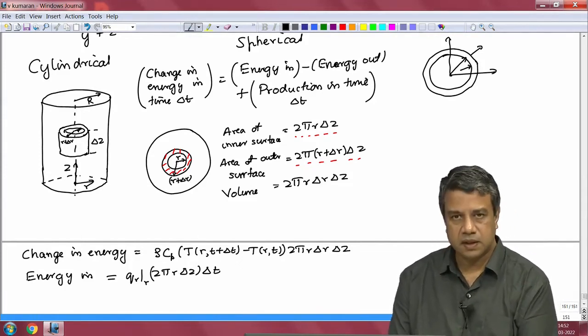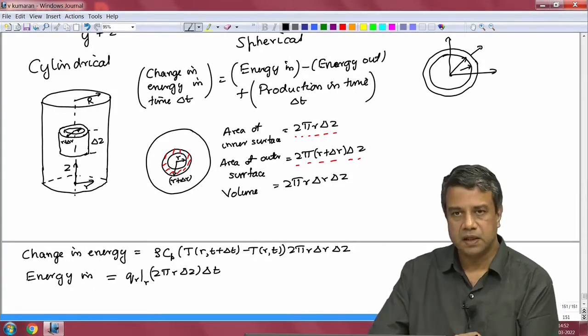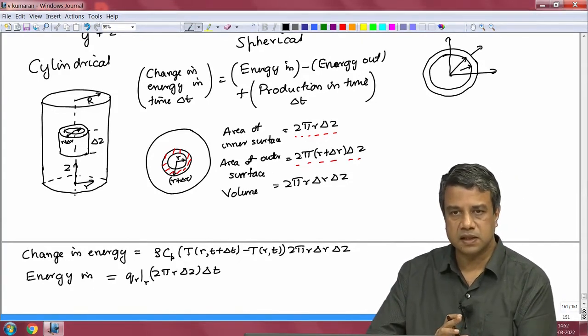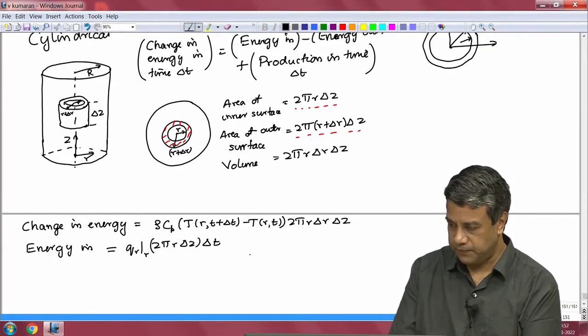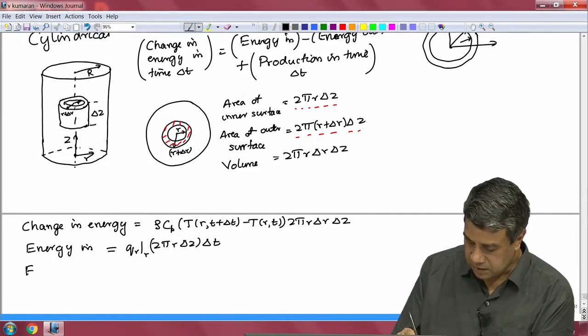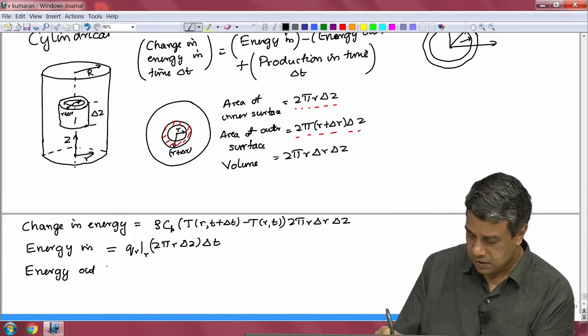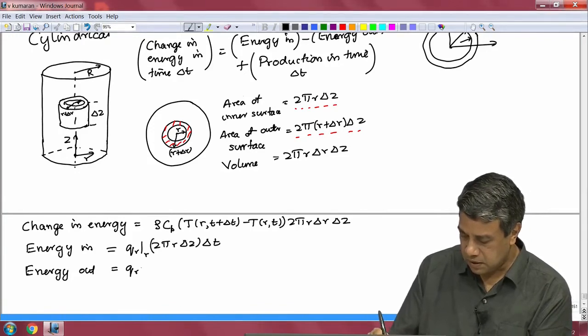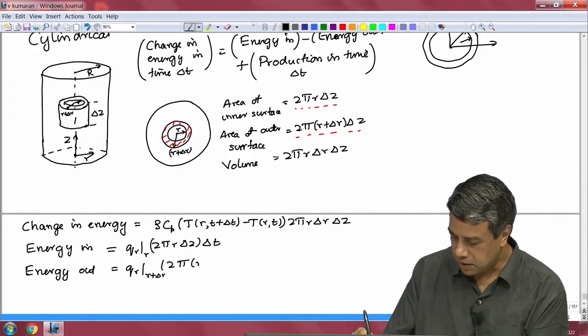That is the energy in at the surface at r. At the outer surface, q r is directed outward from the volume. So, that is the energy out. Therefore, energy out has got to be equal to q r at r plus delta r into 2 pi into r plus delta r times delta z times delta t.